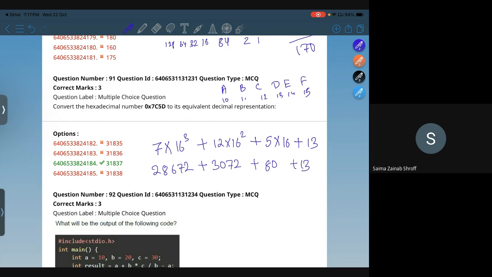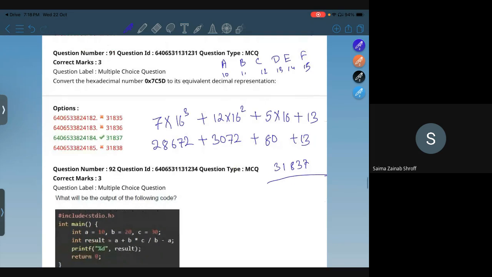Let me add them all. 28672 plus 3072 plus 80 plus 13 is 31837. Yeah, correct.